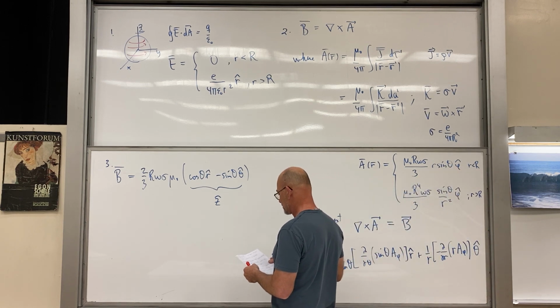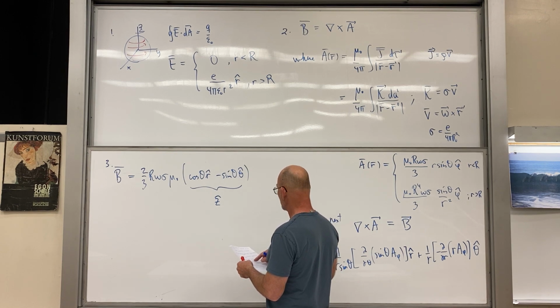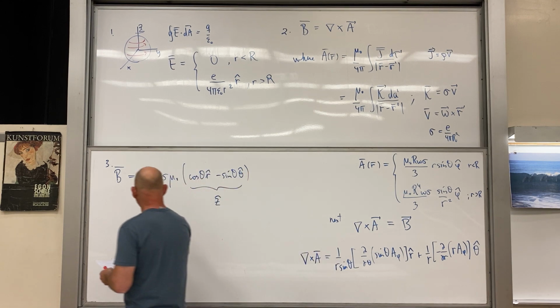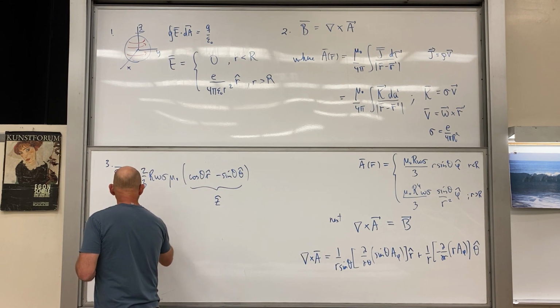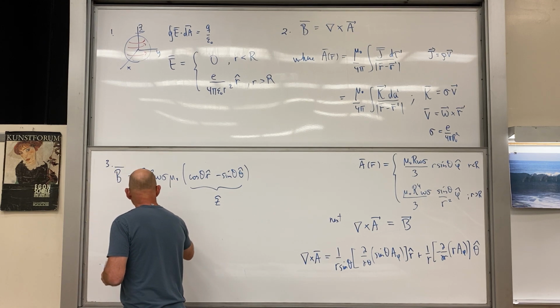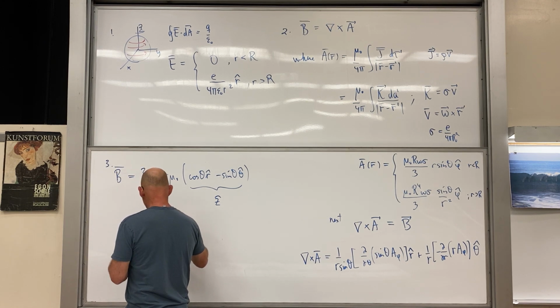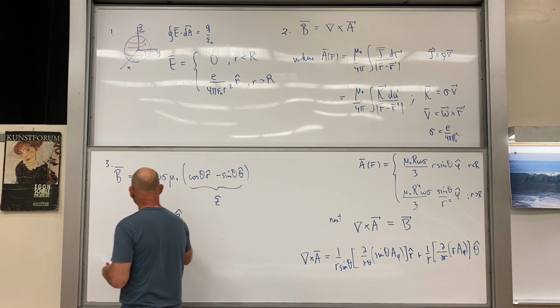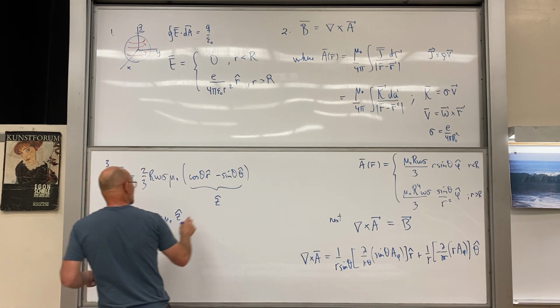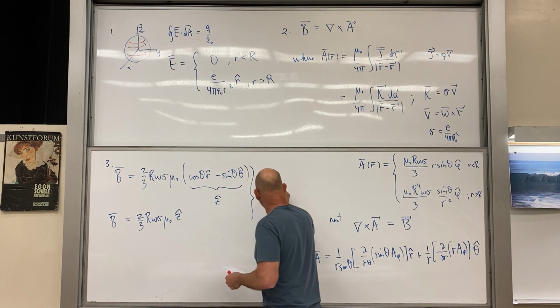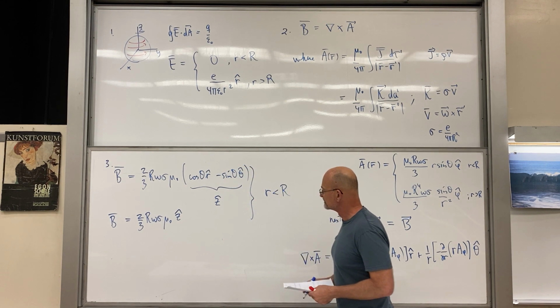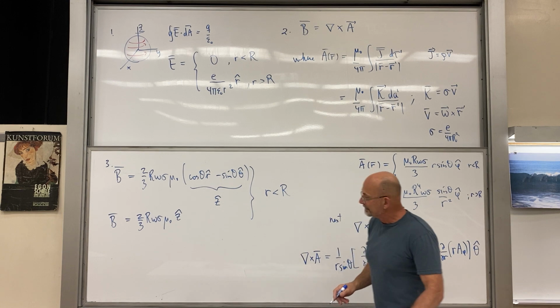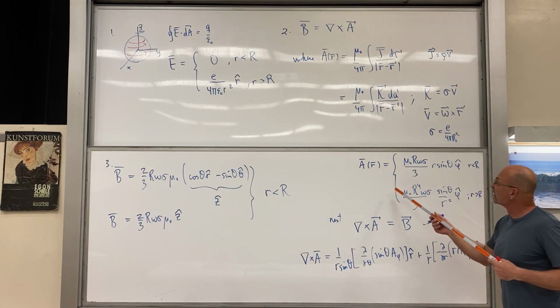So, curl of A, 2/3 cos theta r hat minus sine theta theta hat. So yeah, we could call that 2/3 r omega sigma mu naught, or omega sigma mu naught z hat if we want. So these are for r less than capital R. And as far as the derivatives go, there's no problem at all.